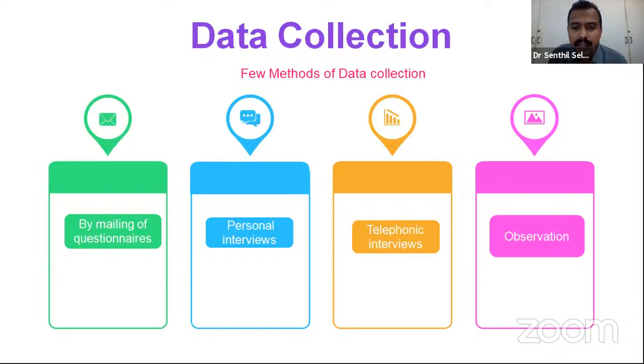Next is telephonic interviews. If the research has to be conducted on a large scale, it is difficult to go in person or select some other approach, so it is easy to make a telephonic call and get the information.